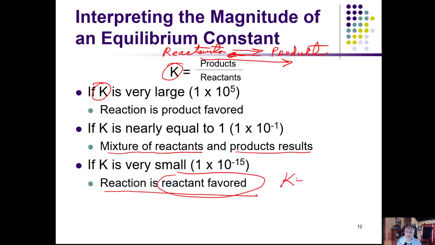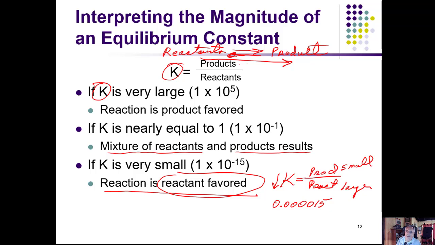If K is equal to products over reactants, and this value is really small, 10 to the minus 3, 10 to the minus 4, 0.000015, something in that neighborhood, you know that you're going to have a very large concentration of your reactants and a very small concentration of your products.